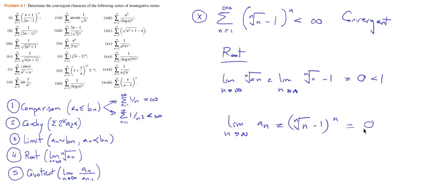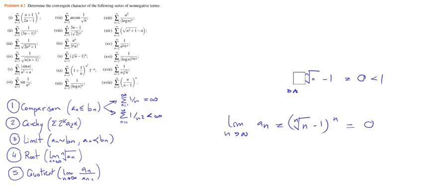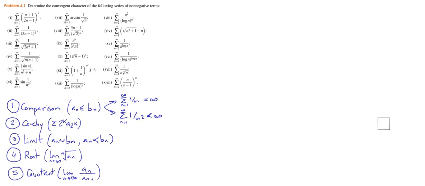So this limit should go to 0, otherwise this series is not convergent. Many of you say, well, the limit of a sub n equals 0, so because of this the series is convergent, but this is not a sufficient condition. You need to use one of these 5 tests. So just remember that it's important to distinguish what a sub n, the general term of a series, is, and then the series itself, which is the sum.